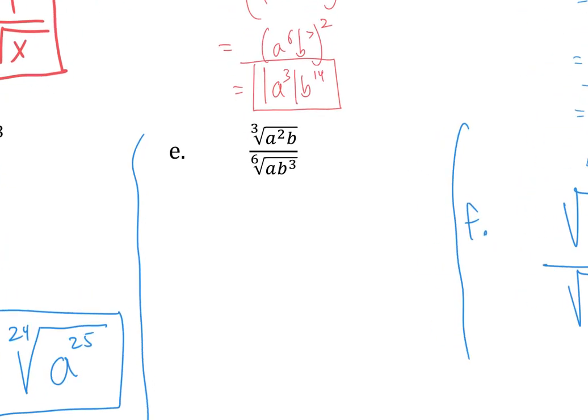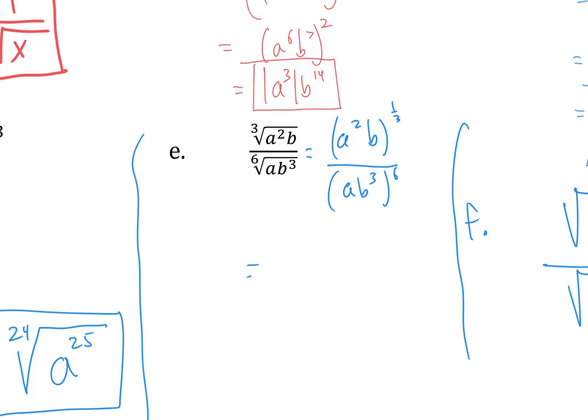So for this one, we have different indices. So what we need to do is rewrite this using fractional exponents or rational exponents. A squared b, this is all to the 1/3 power. This is ab cubed, and that's to the 6th power.